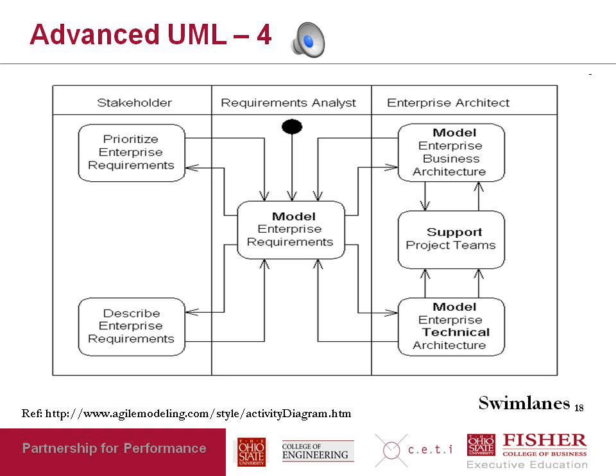The requirements analysis does the modeling, and then the enterprise architect does the modeling of the enterprise business architecture, supports project teams, and models the enterprise technical architecture. So once again, this is nothing more than a regular activity diagram, except that the diagram has been partitioned into these parallel lanes known as swim lanes that show which of the actors are doing which of the activities.